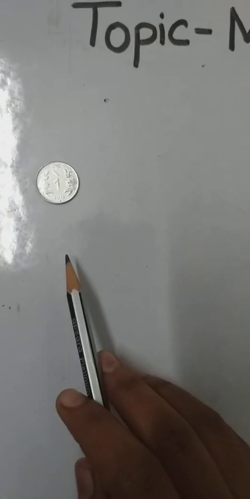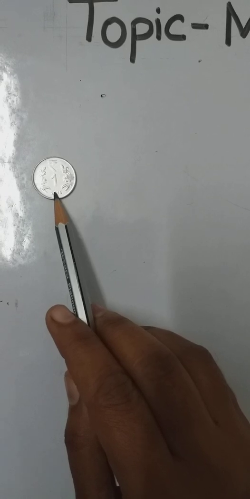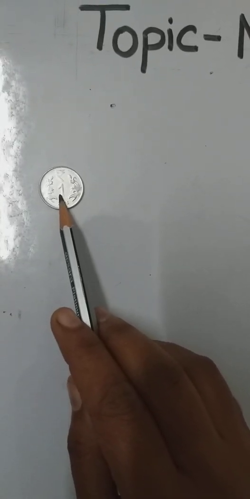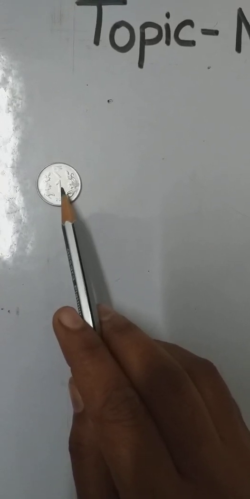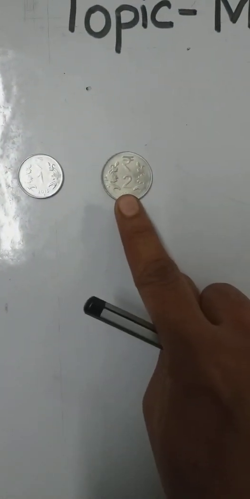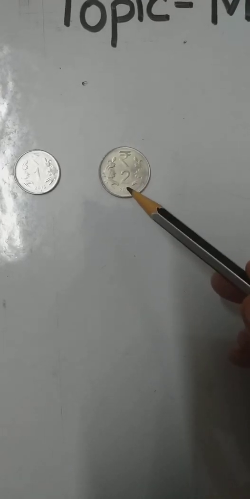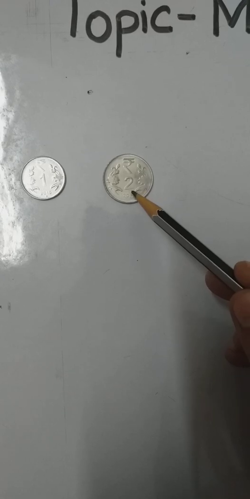So children, tell me, which coin is this? Yes, it is 1 rupee coin. Which coin is this? Yes, it is 2 rupee coin.